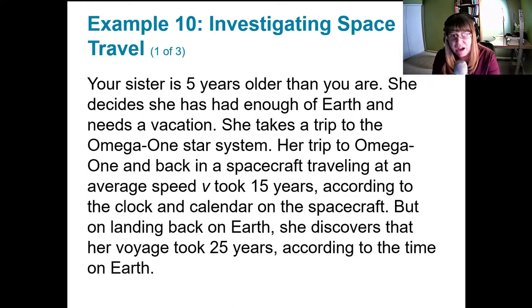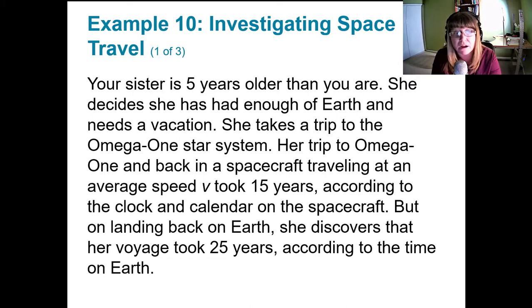Let's tackle a very interesting problem. Your sister's 5 years older than you are. She decides she's had enough of Earth and needs a vacation. She takes a trip to the Omega 1 star system. Her trip to Omega 1 and back in a spacecraft traveling at the average speed v took 15 years, according to the clock and calendar on the spacecraft.